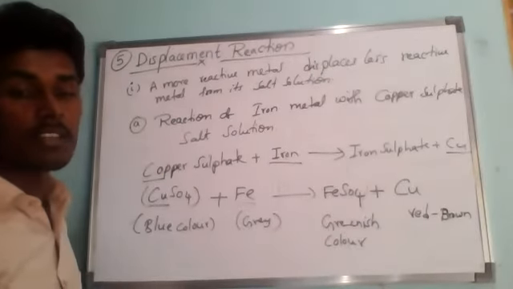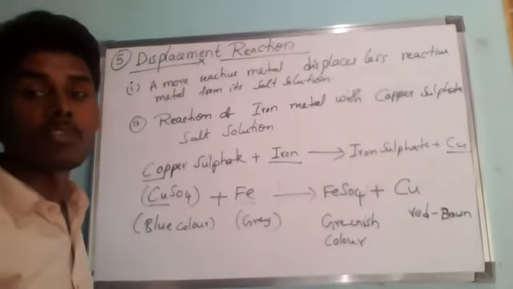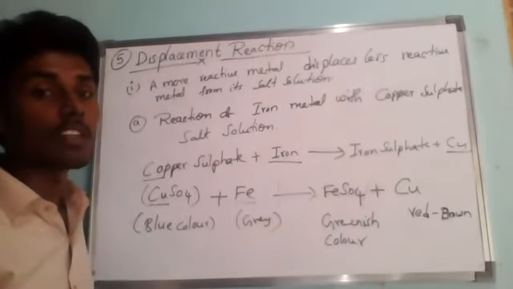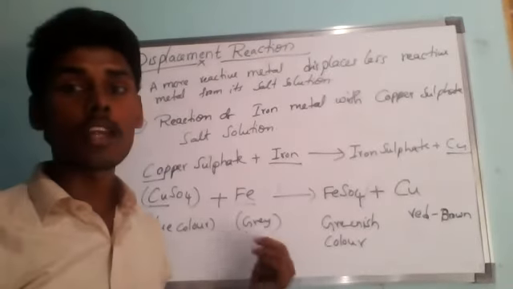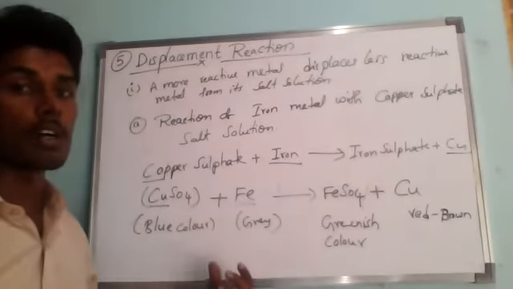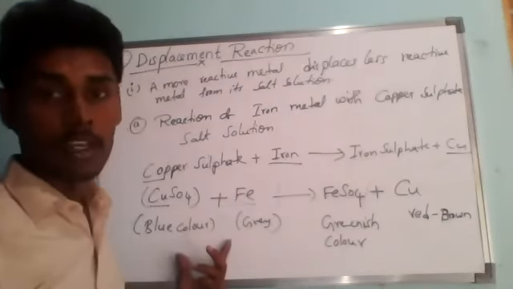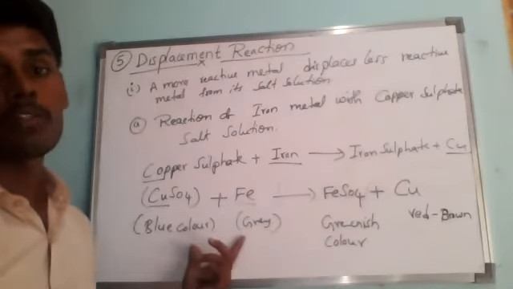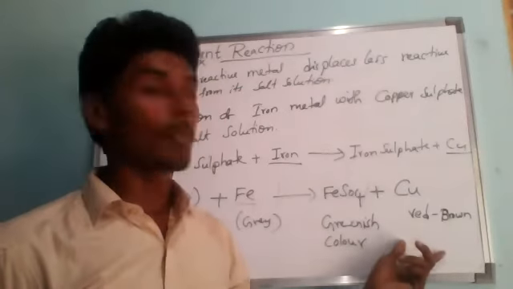In this case, the solution turns greenish due to the formation of iron sulfate. We know iron metal is more reactive than copper metal, so in this reaction the more reactive metal, iron, displaces the less reactive metal, copper, from its copper sulfate solution. The products of this displacement reaction are iron sulfate solution and copper metal.